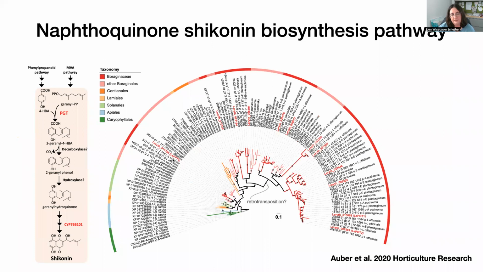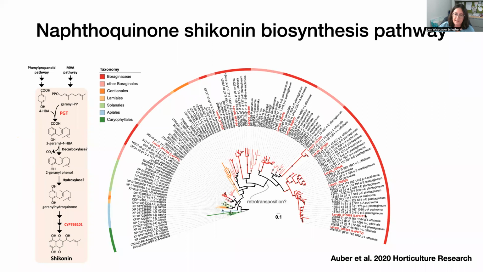So canonically, or I should say ancestrally, there was a single copy of this prenyltransferase gene family involved in ubiquinone biosynthesis. But you see there's been multiple rounds of gene duplication in the Boraginales and Boraginaceae, including this retrotransposition duplication event, and then subsequent radiation of that gene, leading to PGT1 and 2, which are two enzymes that are known to participate in Shikonin biosynthesis.